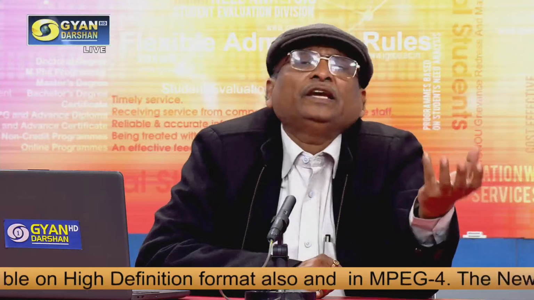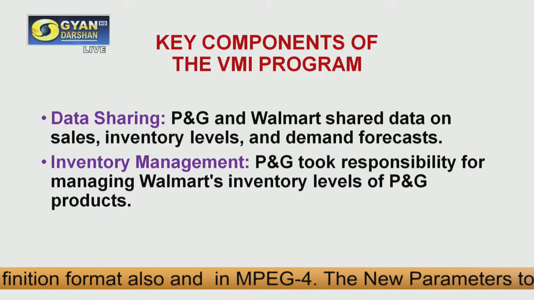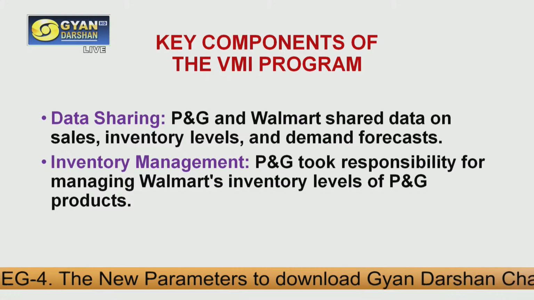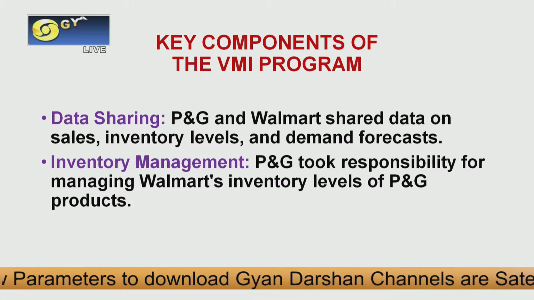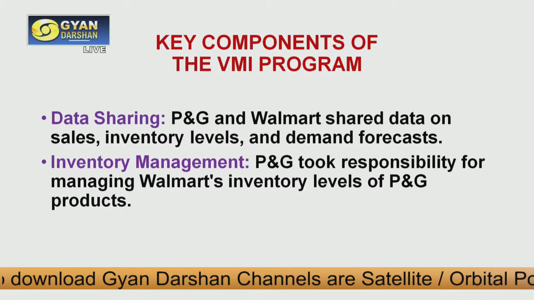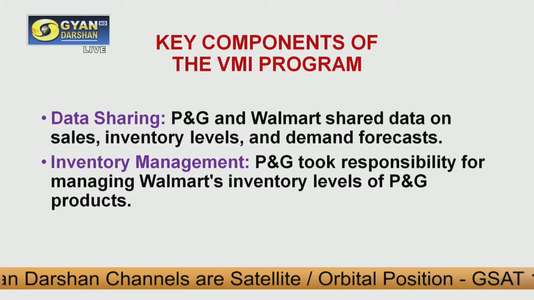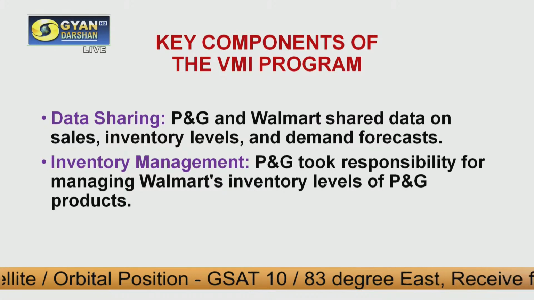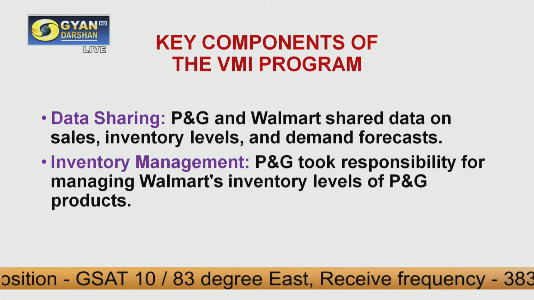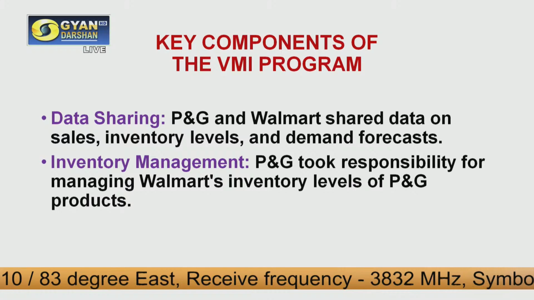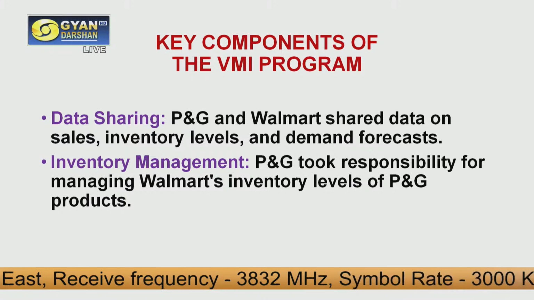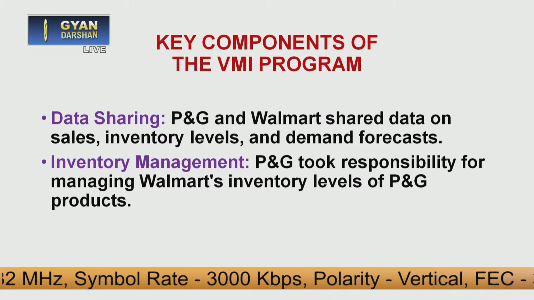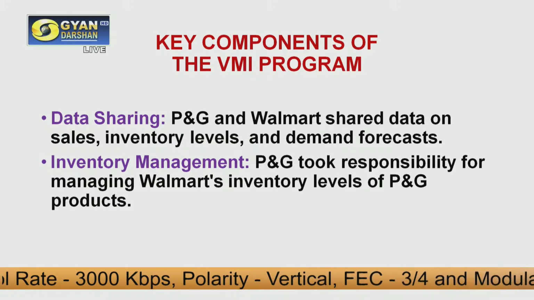So what are the key components of this VMI? The first thing is data sharing. Procter and Gamble and Walmart both shared the data on sales, inventory level and the demand forecast. This must have been decided in their meetings. Inventory management: Procter and Gamble took the responsibility of managing the Walmart inventory level of Procter and Gamble products.